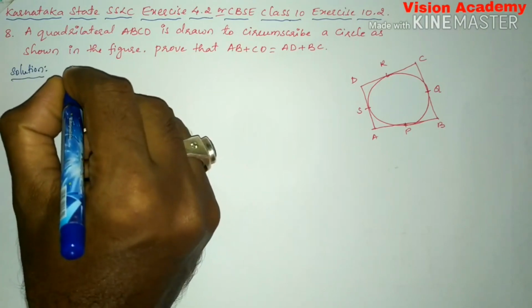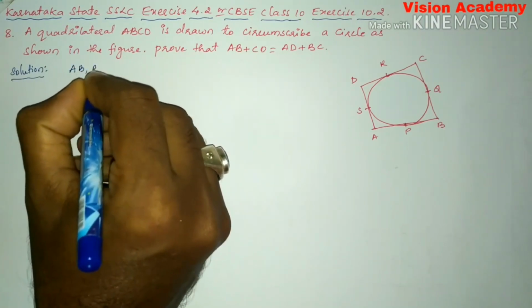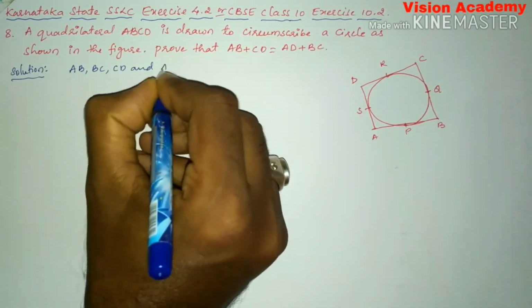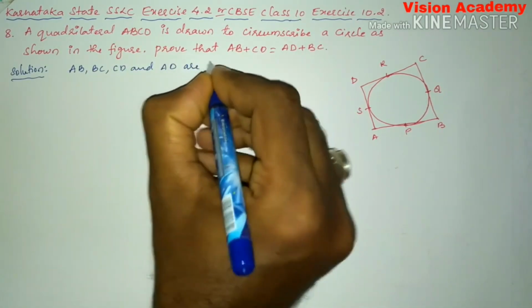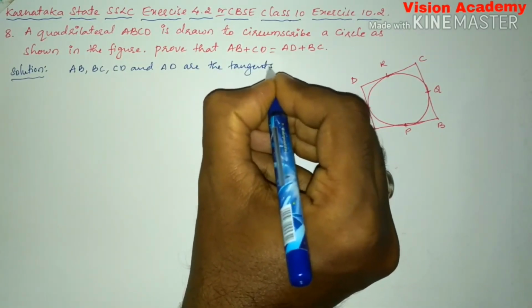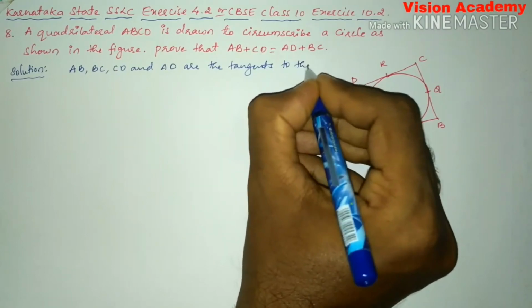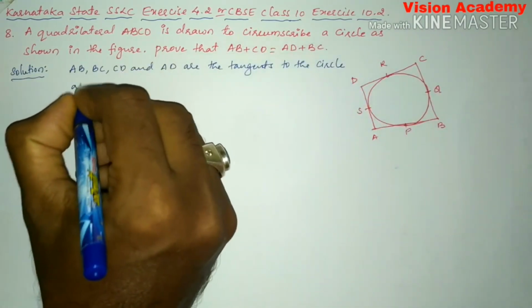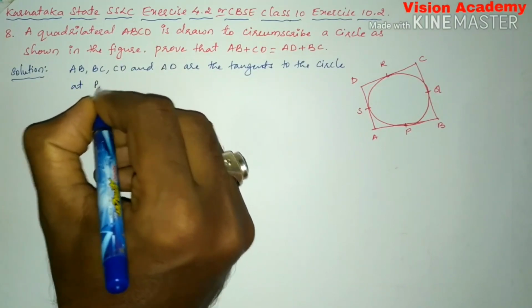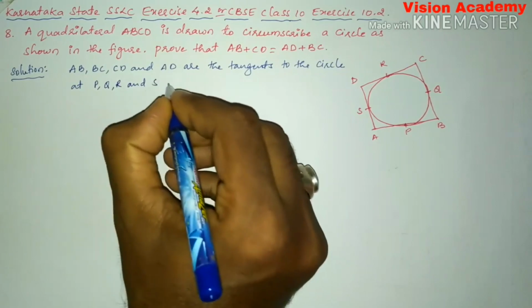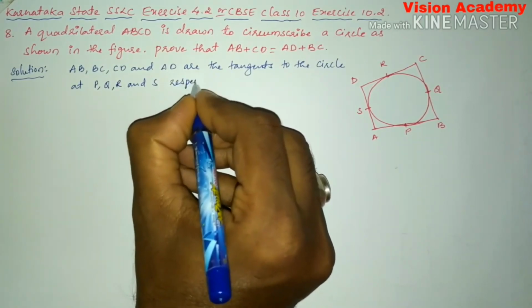In the figure we can say AB, BC, CD and AD are the tangents to the circle at P, Q, R and S respectively.